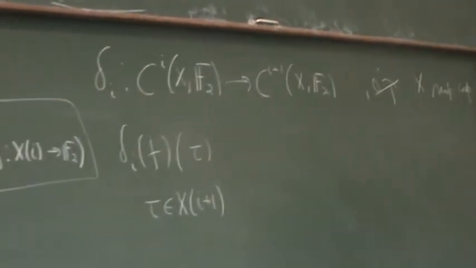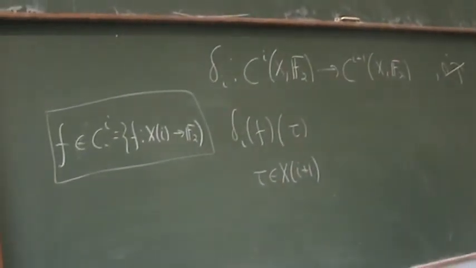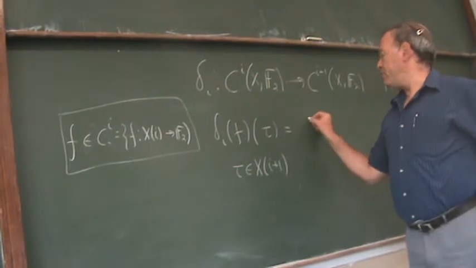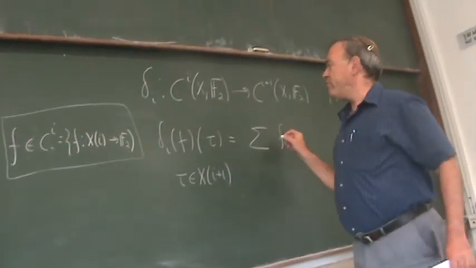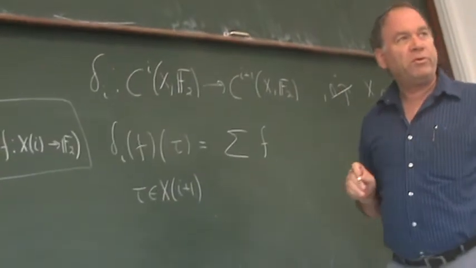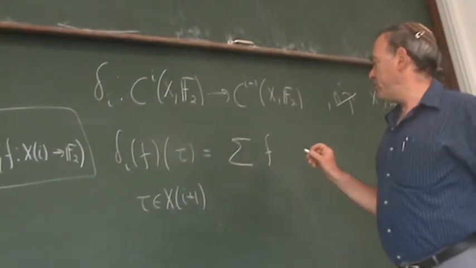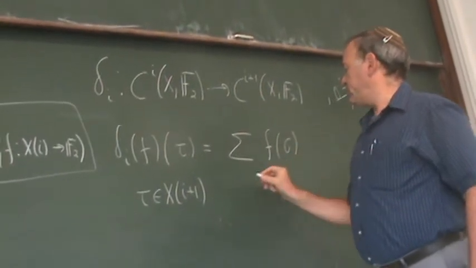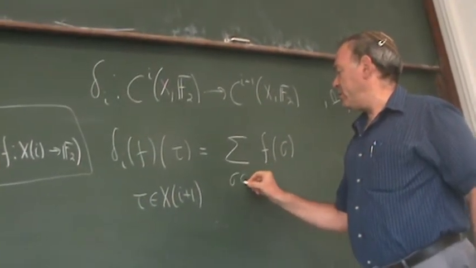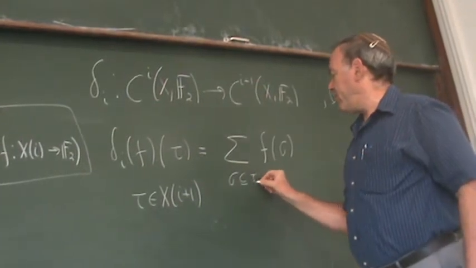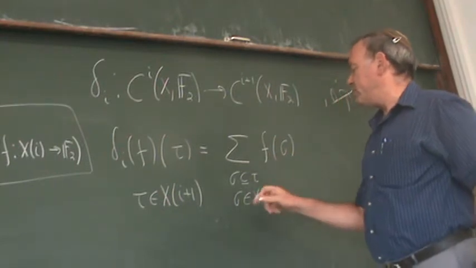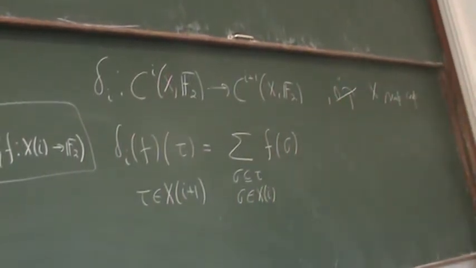C^i is the functions from X(i), the i-cells, to F2, and δ_i(f)(τ), where τ is the (i+1)-cell, is simply the sum of f(σ), where σ is a subset of τ and σ is of codimension 1, namely this is an i-cell. We don't need to worry about orientation, because we work over F2.